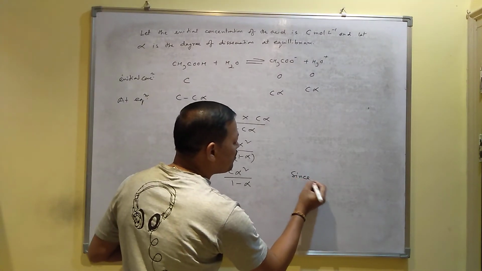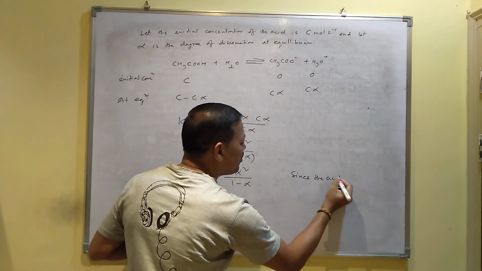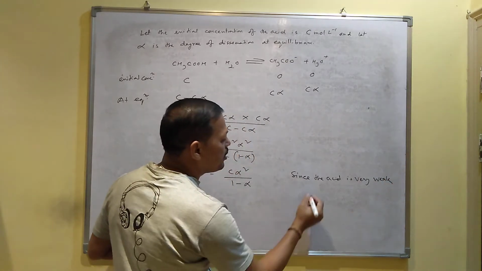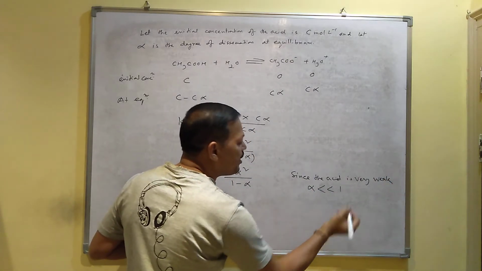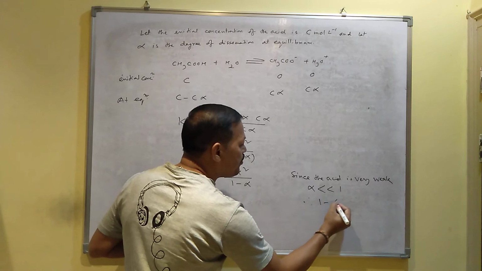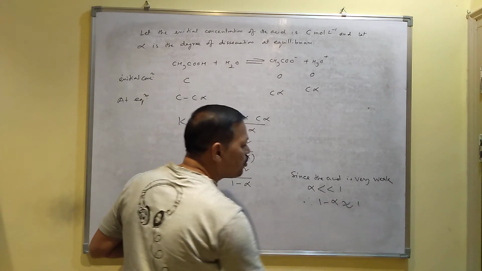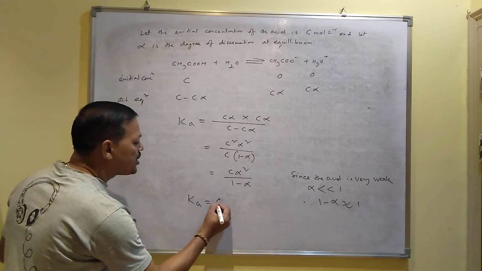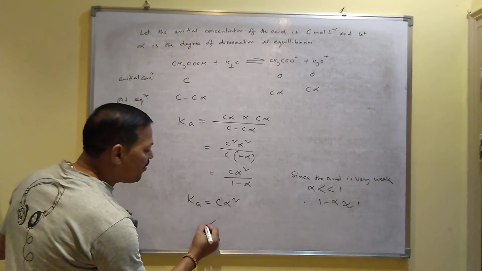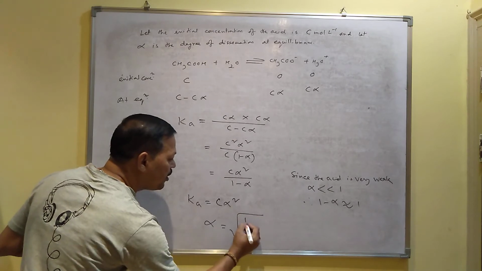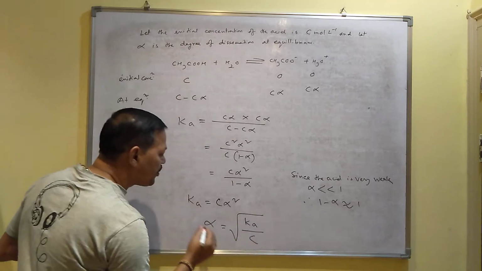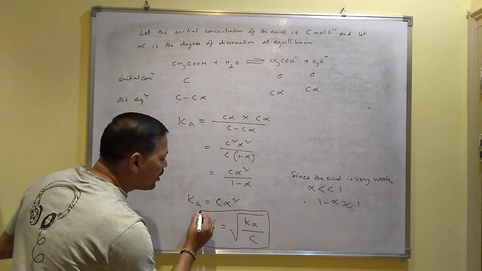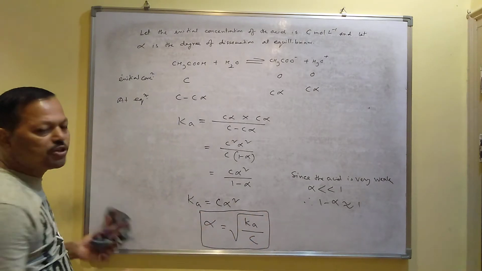Since the acid is very weak, alpha will be very, very less than 1, and that is why 1 minus alpha is equivalent to 1. That means you can write Ka is equal to C alpha square, or alpha is equal to root over Ka by C.